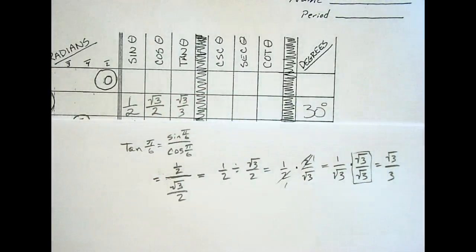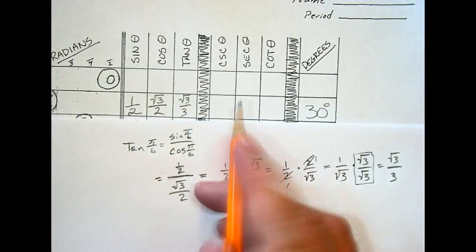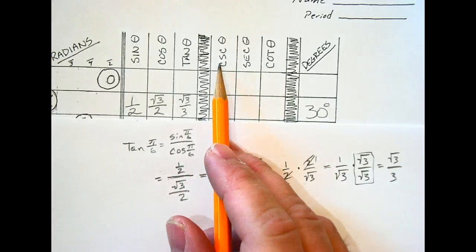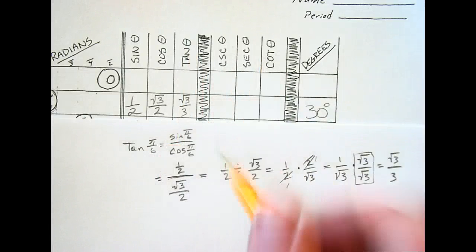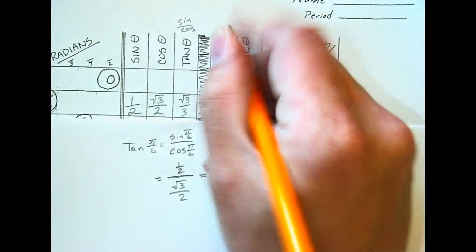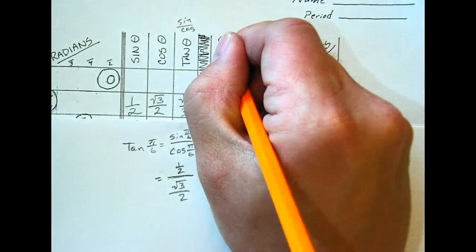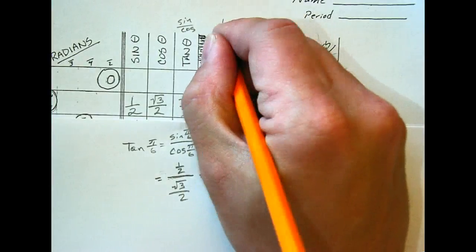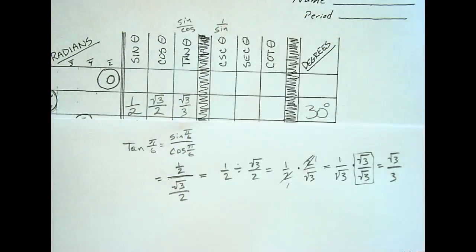Neato. Now we know that cosecant is the reciprocal of sine. So if you don't know that, you should write these up here. Like I would write, tangent is equal to sine over cosine. Cosecant is equal to the reciprocal of sine, or flip sine. Or if you actually understand the mathese, it's 1 over sine.